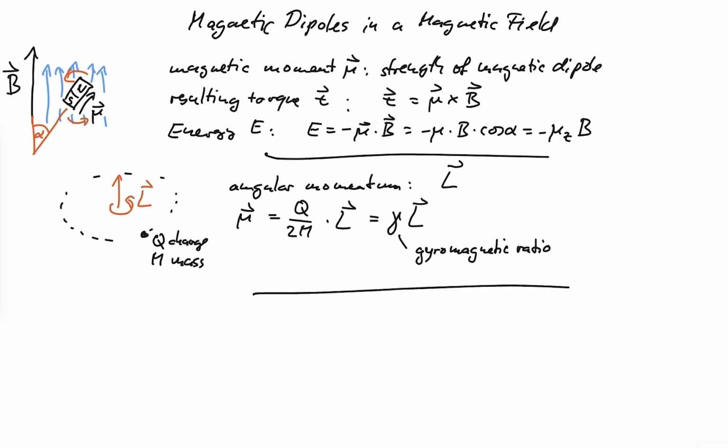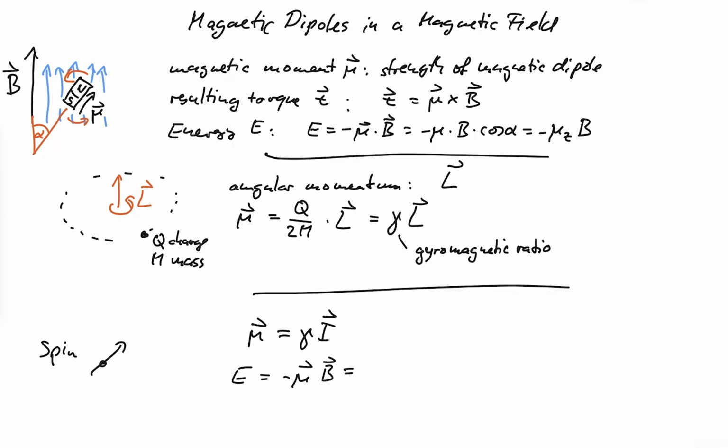So, but if we now go to quantum mechanical systems, then we look at spin, a single spin here. And this is described by a very similar equation. The magnetic dipole is simply gamma times I, where I is the angular momentum of the spin. And then it follows that the energy is described as minus mu times B, as in the classical case.